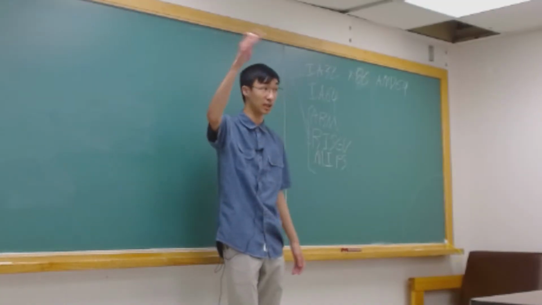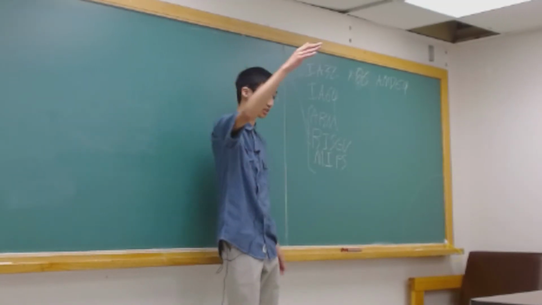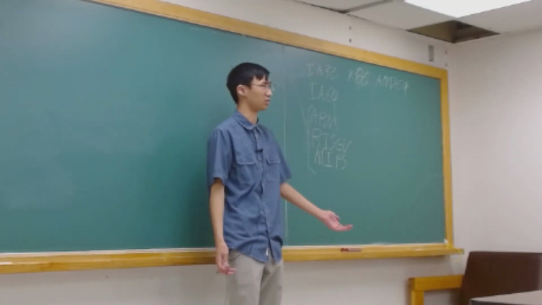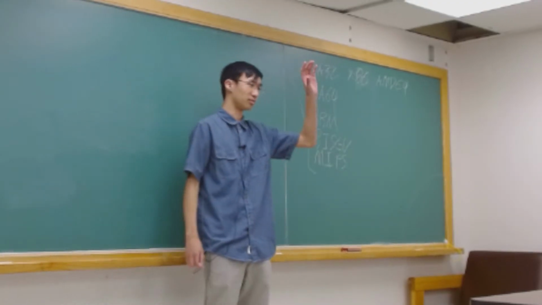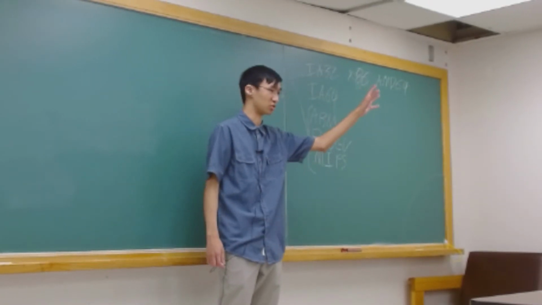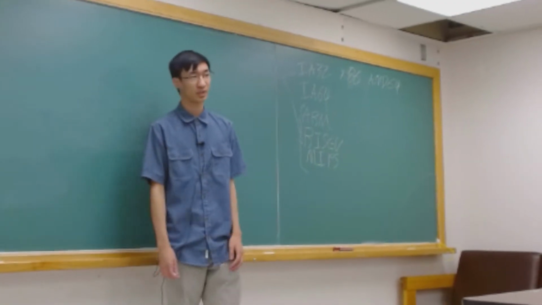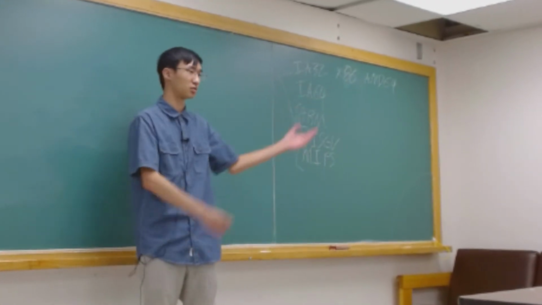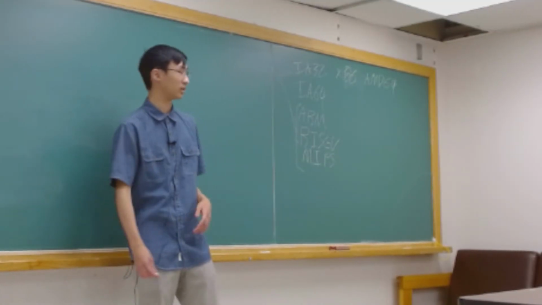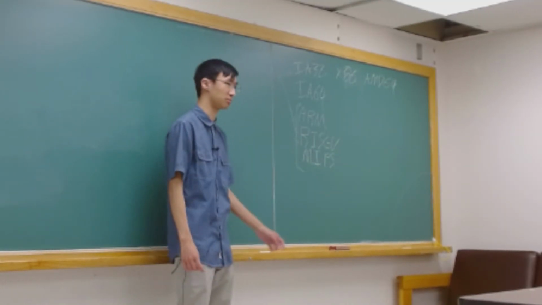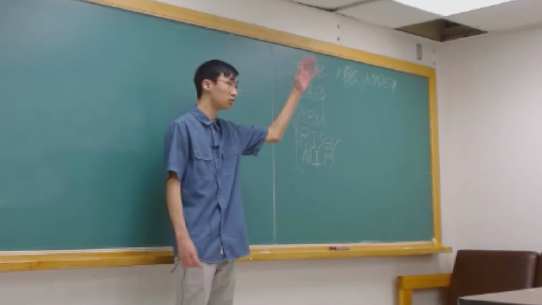CISC is complex instruction set computer, I think. Doesn't matter about the last C. And RISC is reduced instruction set. Now, what does reduced mean and what does complex mean? Honestly, no one agrees.